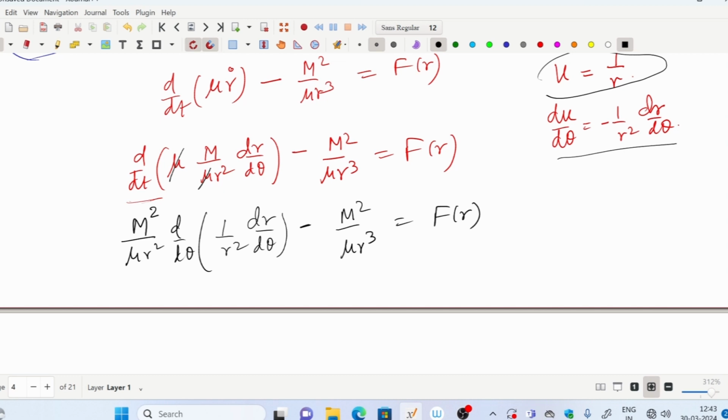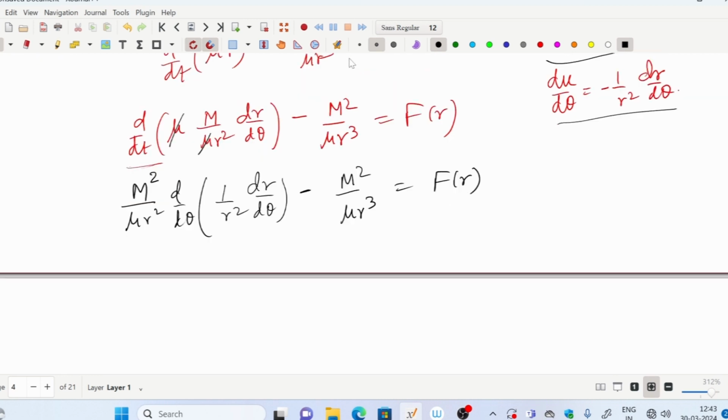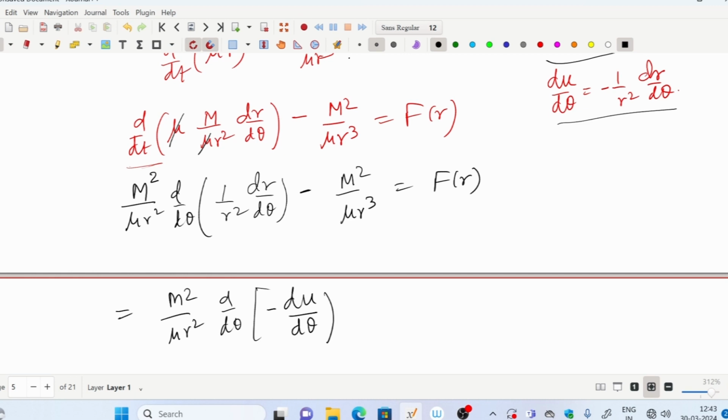If I substitute dr/dθ in this expression, we will get m square u square by mu, d/dθ of minus ∂u/∂θ, and minus m square u cube by mu equal to f(1/u), and this r square will also be u square. Okay, because I am writing everything now in terms of u.